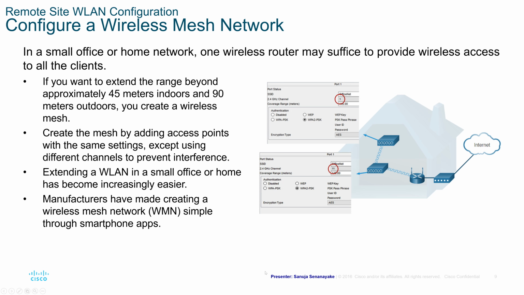Even Cisco consumer devices and some enterprise devices have smartphone apps where you can simply go through the settings and it will interconnect multiple access points in a mesh environment by following a few simple steps. D-Link and other manufacturers also have their own mesh systems. TP-Link, D-Link, Cisco, they all provide these smartphone apps for home users to configure their mesh network with multiple access points.